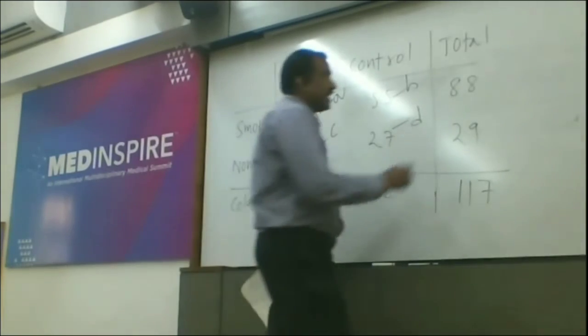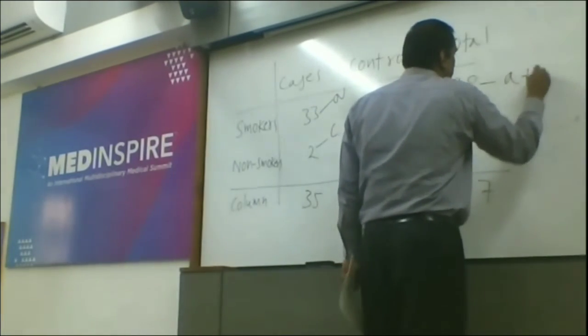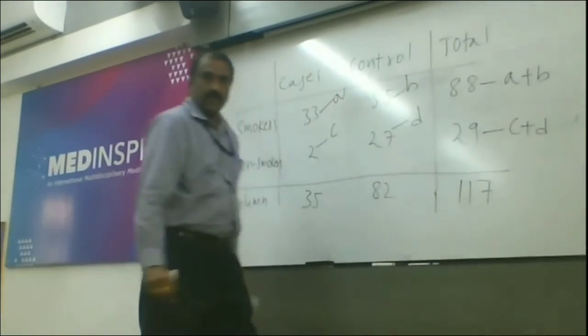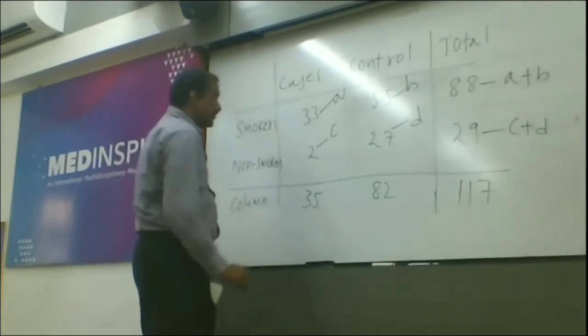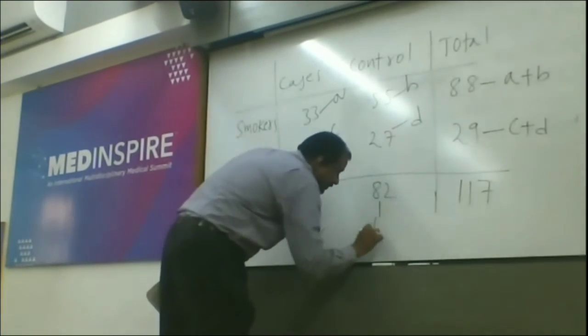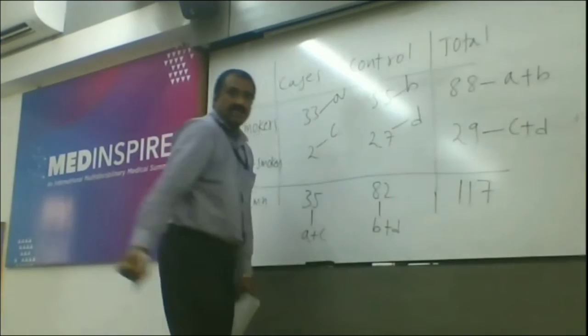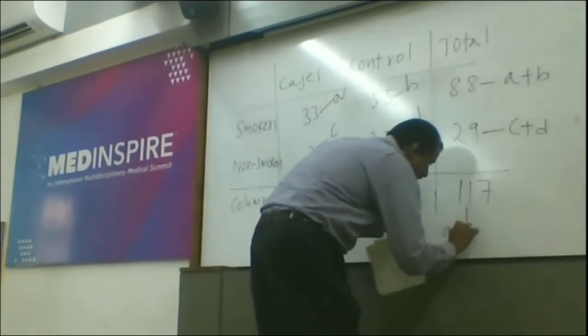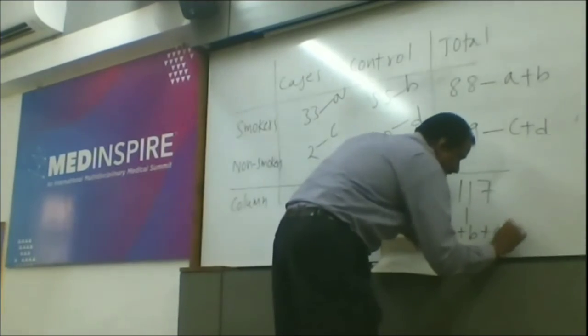This is A plus B, and this is C plus D. So if you see, this is A plus C, and this is B plus D. This is the grand total. 117 is grand total. This means A plus B plus C plus D.